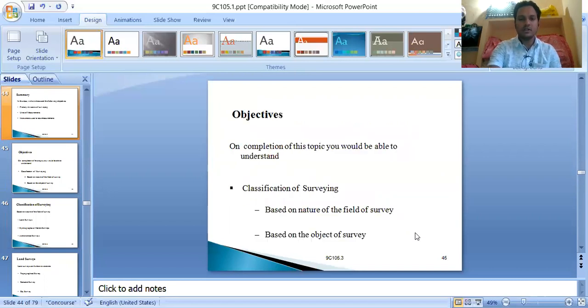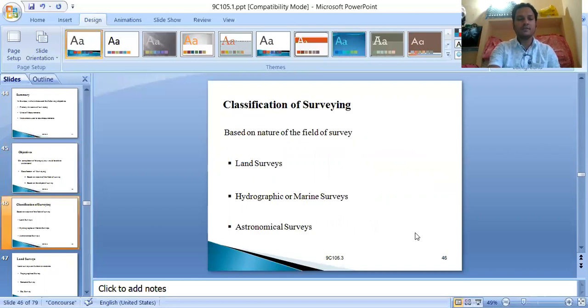With this knowledge, we can go to the classification of surveying. The classification of surveying is based on nature of field survey, and it is also based on the object of survey. We will discuss the first classification, which is based on nature of field survey.